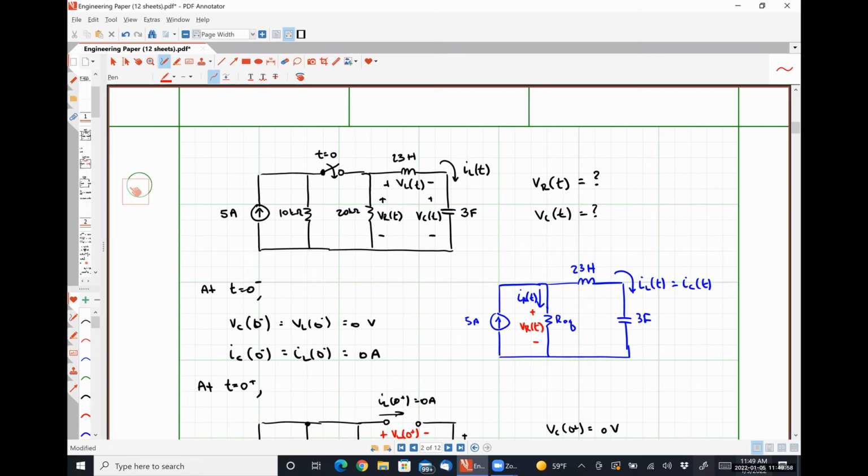So VR of T is obviously REQ times IR of T. And so now we've got to figure out how to find what IR of T is. Well, IR of T is just 5 minus IC of T.